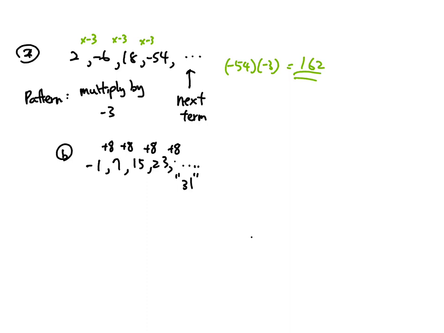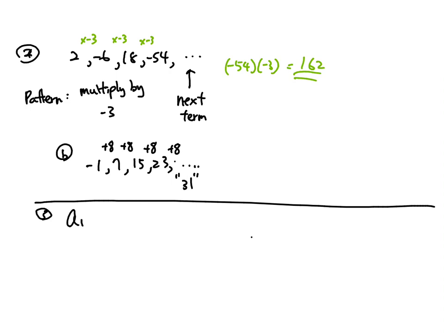So in this case, what we're doing is looking for a pattern from the existing sequence. But there are times when they're going to actually give you the formula. If you look at number 3, you have the notation a sub n equals n over n plus 1.